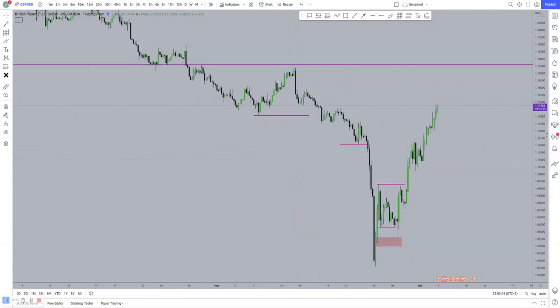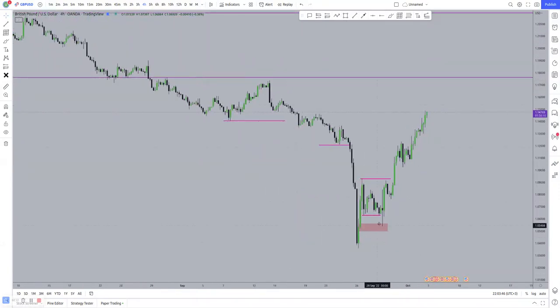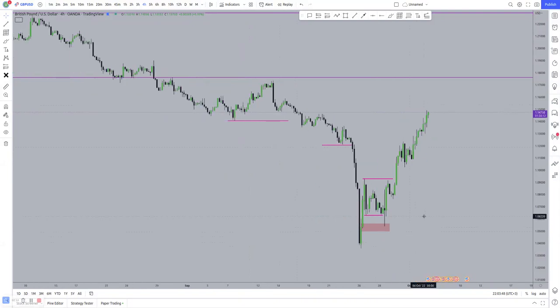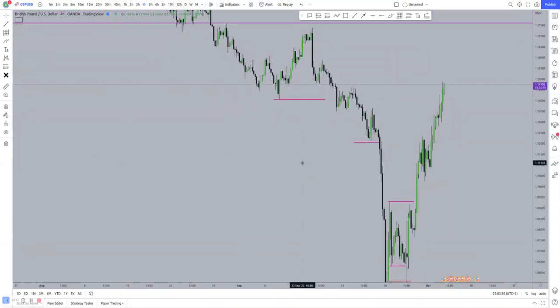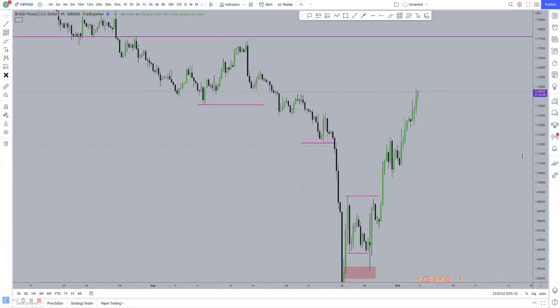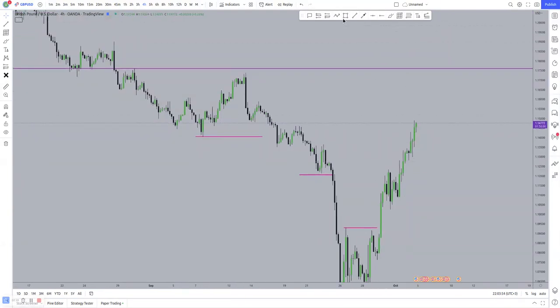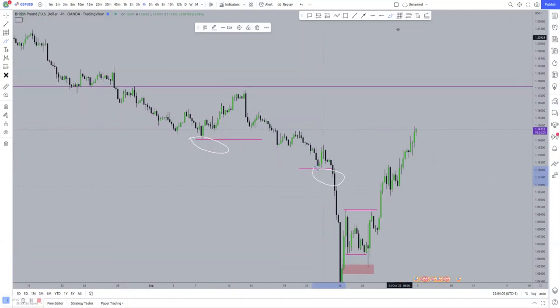And obviously you can see market structure has been bearish for some time. All right, you can see my annotations for bearish structures that are being taken out.